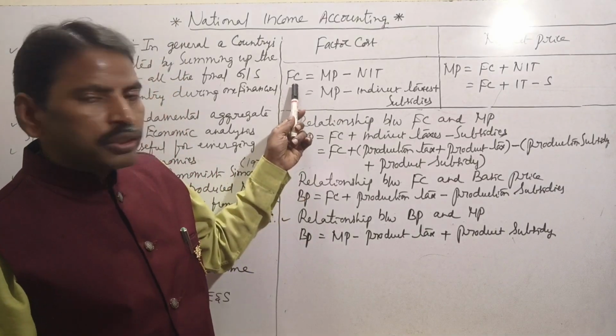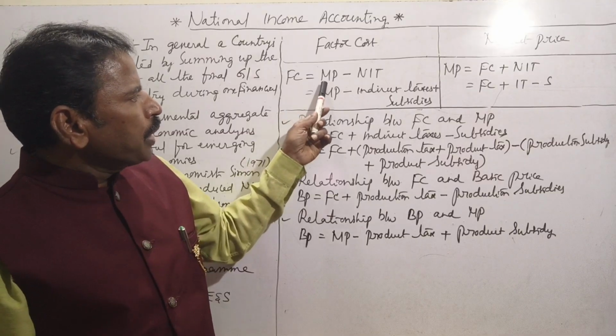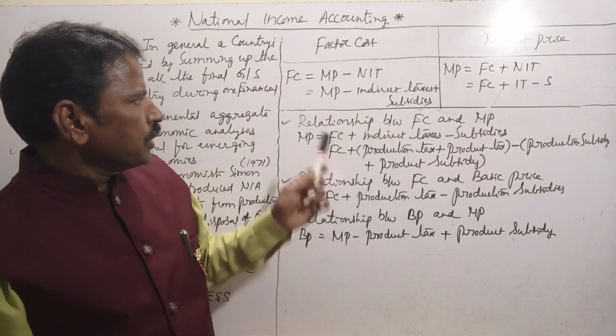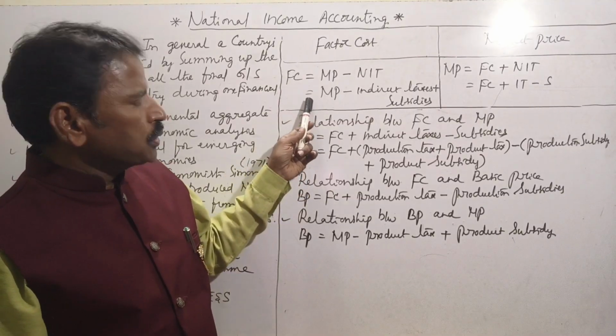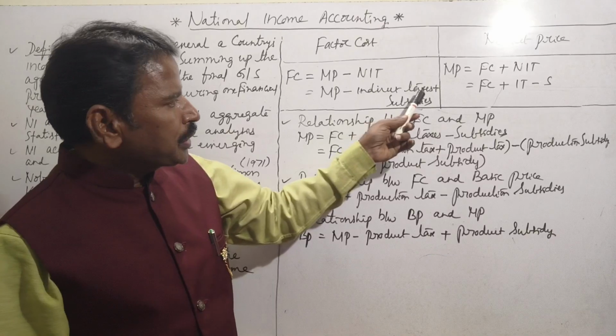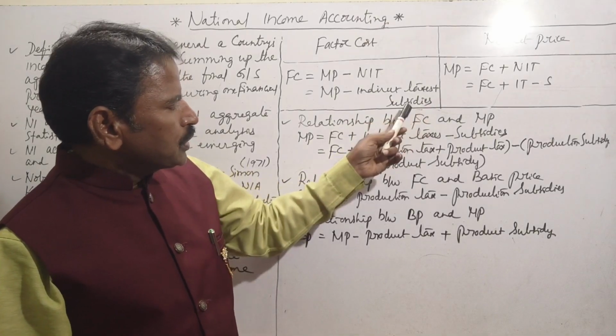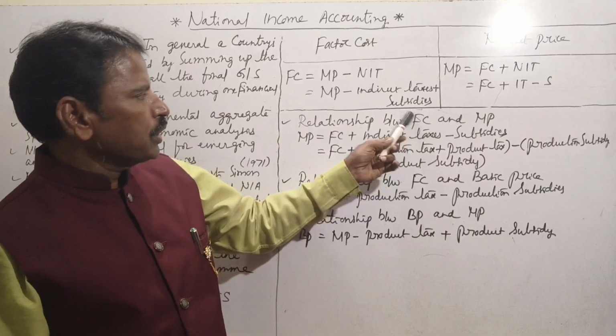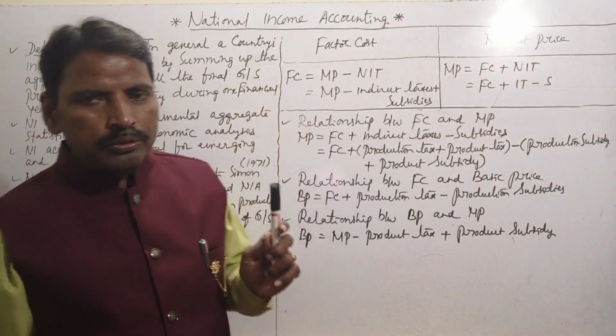Therefore, factor cost is equal to market price minus indirect taxes plus subsidies. Then you will get factor cost.